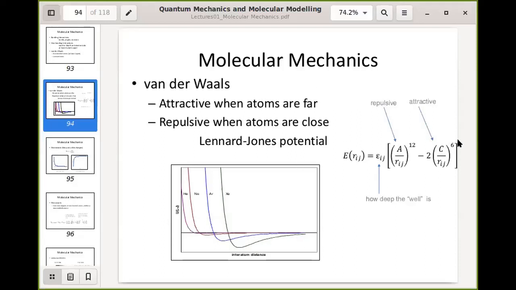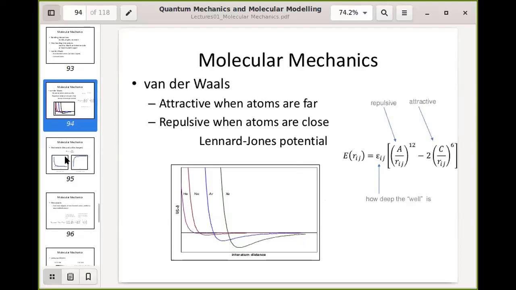So this Lennard-Jones potential works quite well. And if you choose the right values, you get a good estimation of how non-bonded atoms should attract each other, or how they should repel, what the steric interaction should be if they come into close contact.